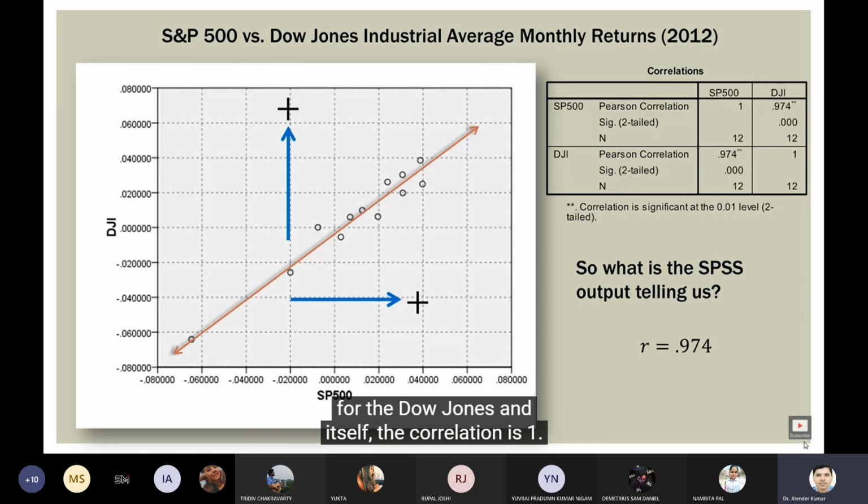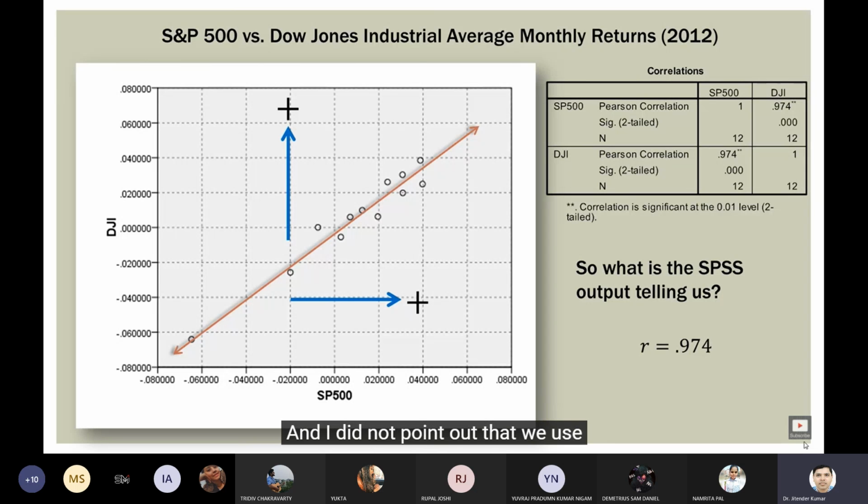The correlation is 1, because anything correlated with itself is 1. Now, between the two variables, the correlation is 0.974. And I did not point out that we use the letter r, lowercase r, to denote the sample correlation coefficient. So again, in this case, it's 0.974.